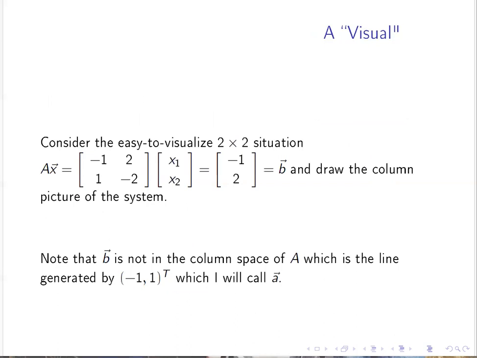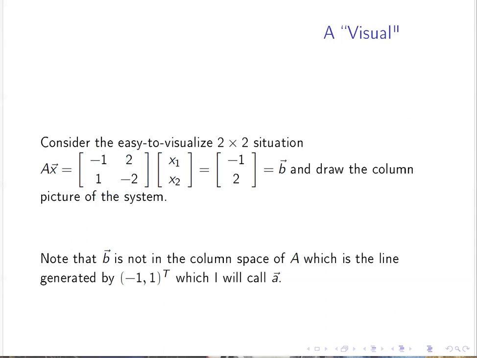But even though B is not in the space, the line -1, 1 is in this space. Notice that's the first column, so obviously it's in there. And also notice it's a scalar multiple of the second column. In fact, my columns are scalar multiples of each other, which dramatically impacts a lot of things.